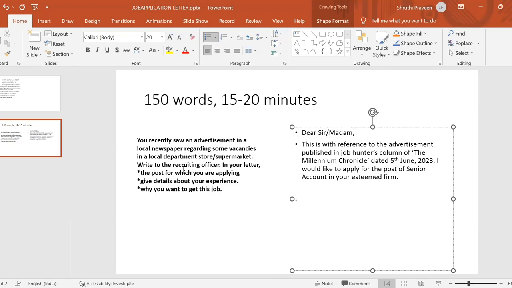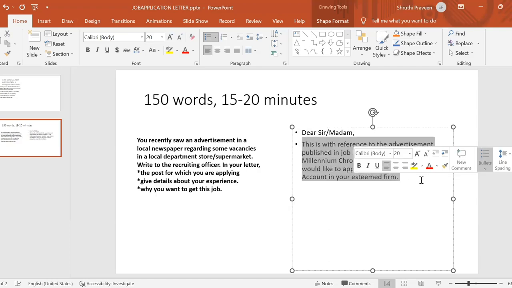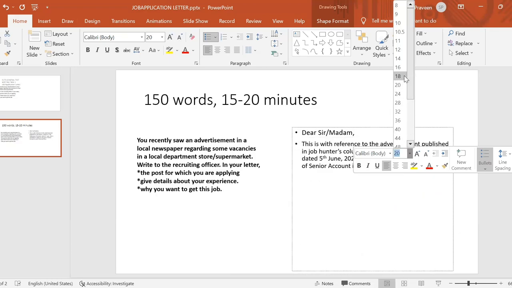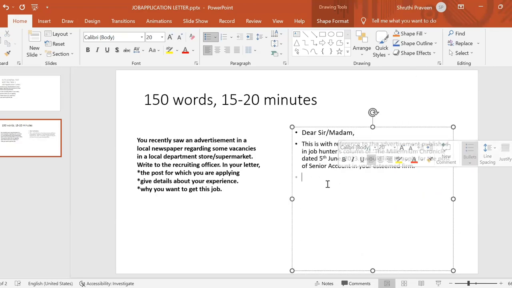My second paragraph is going to give details about your experience. Here you can start with your qualifications and then move on to the experience. Since I'm applying for the role of a senior accountant, I must have a degree in accounts or commerce.